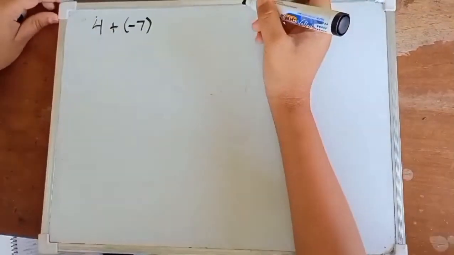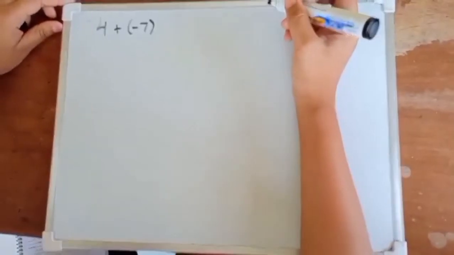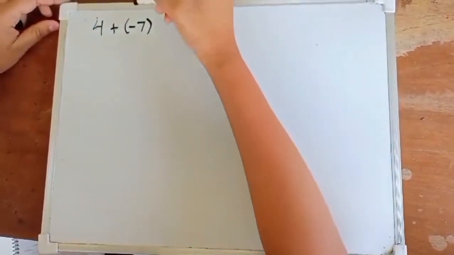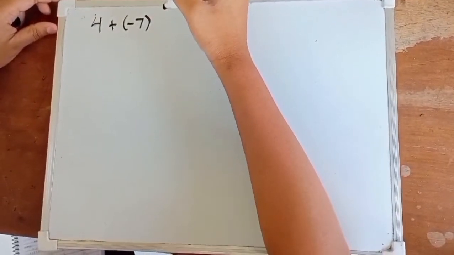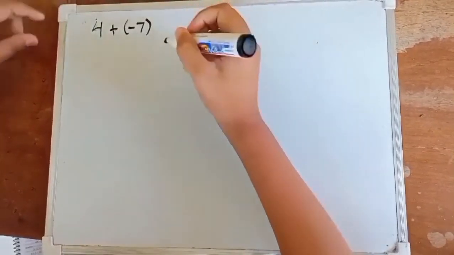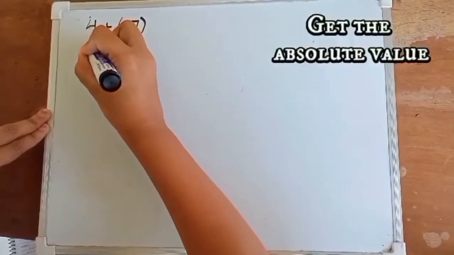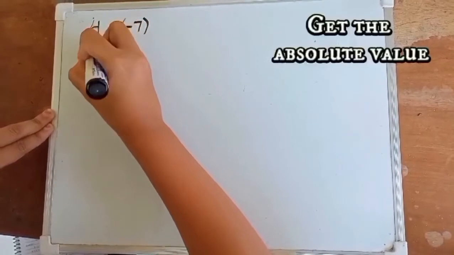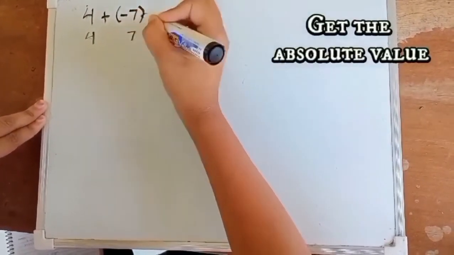So this is the first example, which is the 4 plus -7. Since the signs are different, we're going to use the second rule in adding. Subtract the absolute values. The absolute value of 4 is 4 and the absolute value of -7 is 7.